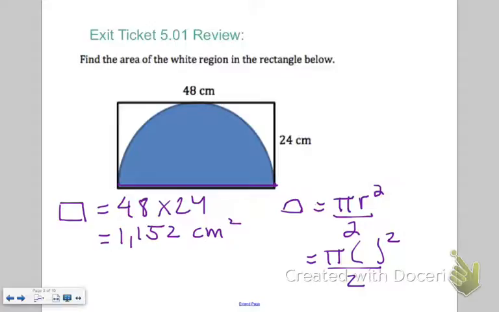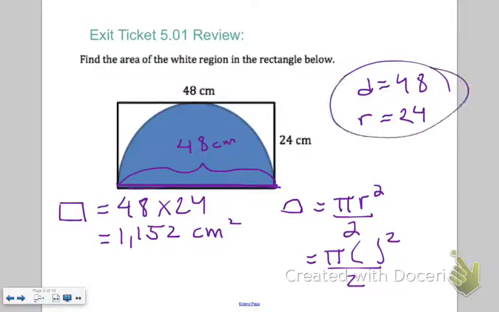The diameter of our circle is the same distance as one of the lengths in our rectangle, so it's 48 centimeters. Since the diameter is 48, half of that would be 24.